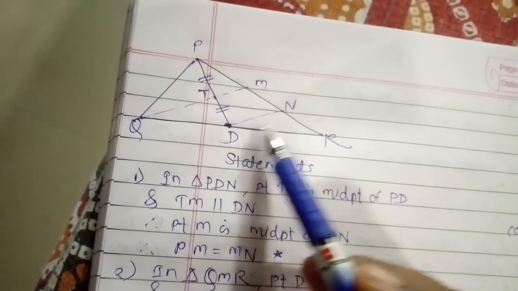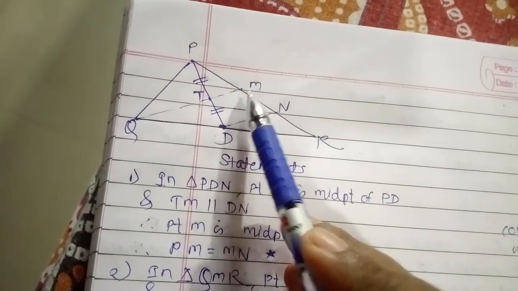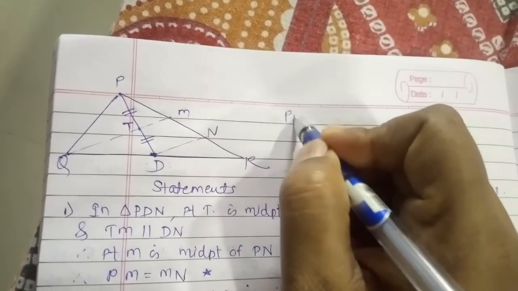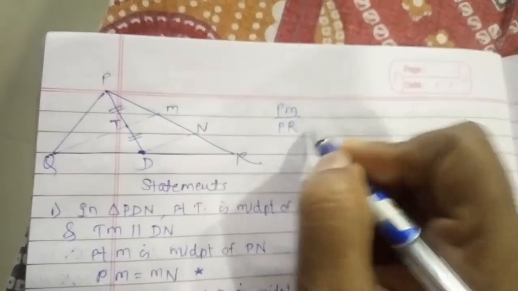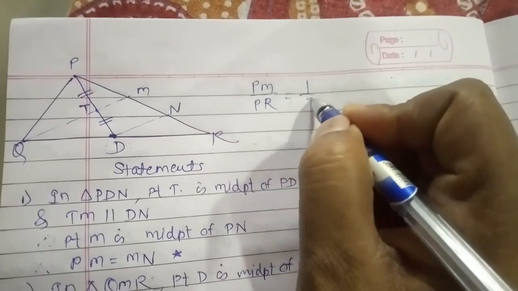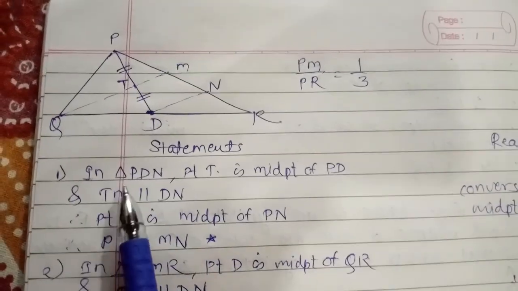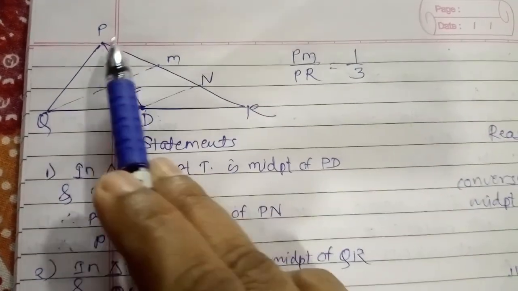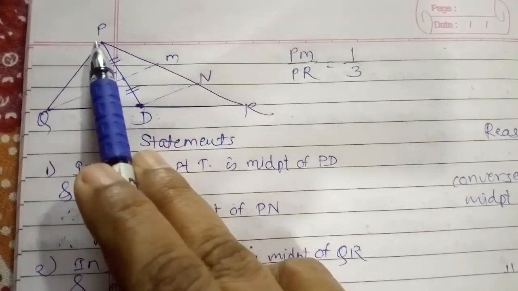DN is parallel to QM, and now we have to prove that PM upon PR is equal to 1 by 3. So see the statement. In triangle PDN, we are going to see only this triangle PDN.